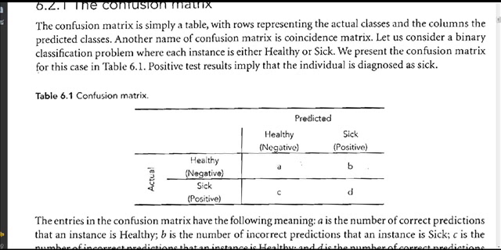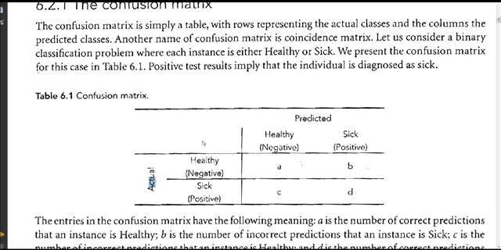Now, what we have here is what we call the predicted and the actual. The predicted is what the test predicts, and the actual is what's actually true. Like we said, what the test predicts and what's actually true are not necessarily the same. You may be sick, but the test doesn't say that you're sick.